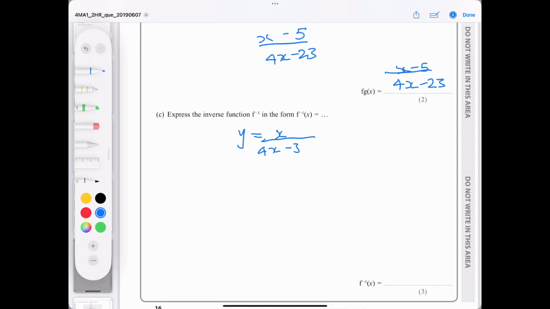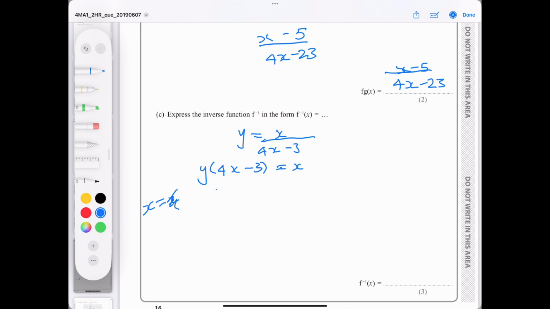We win when we get x equals something. So let's multiply by 4x minus 3. We get y times (4x minus 3) equals x. We haven't won yet because we've still got an x on the other side, and we need to get all the x's on one side.